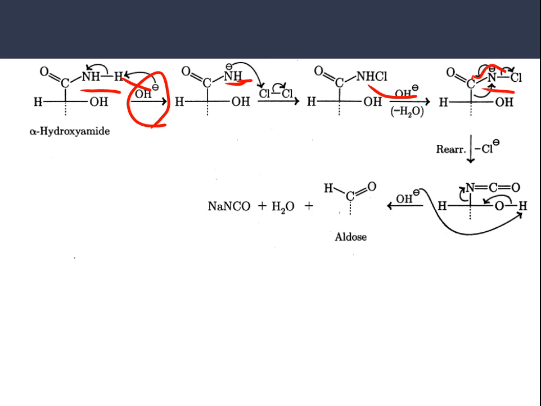Now this will give electrons here, and this carbon-carbon bond will be broken, and this bond will be transferred to the nitrogen. So this structure will form after rearrangement. Then this OH minus will take up this proton, and this bond is going here, and this one will be free. So you are getting finally an aldose.